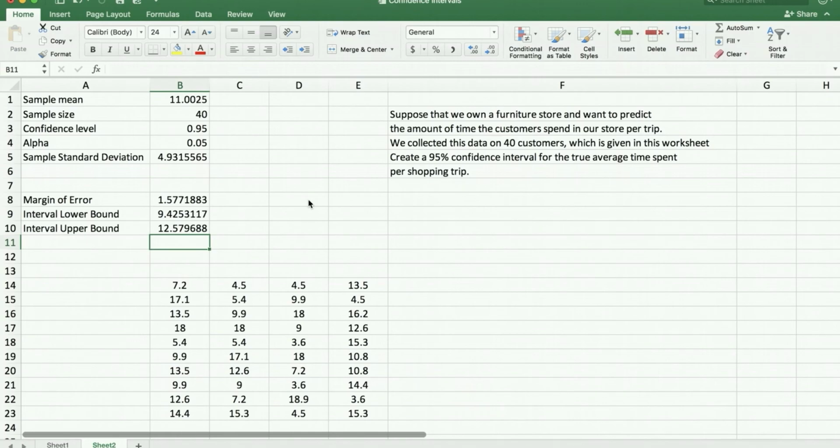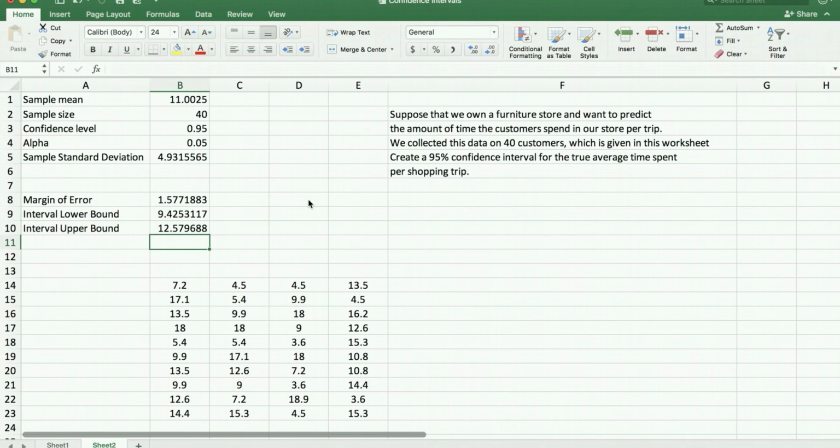Okay? So based on this result, what I can conclude is we are 95% confident that the interval 9.42 to 12.57 includes the true average time spent per shopping trip.